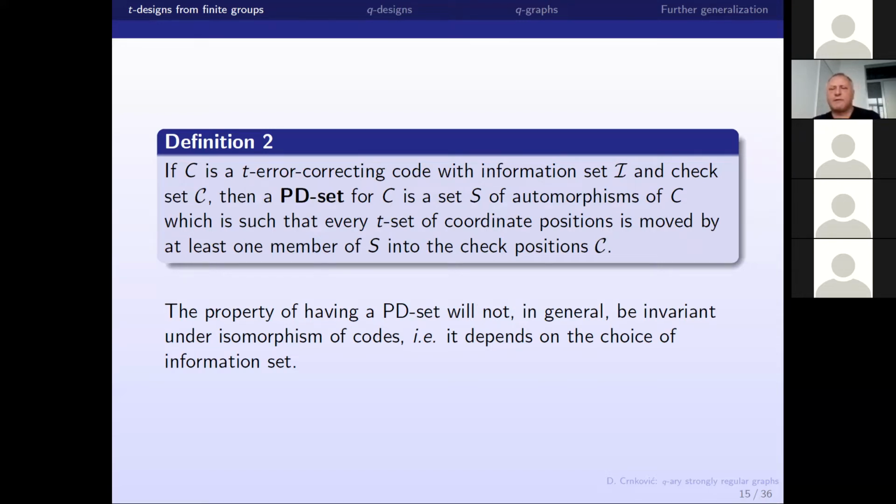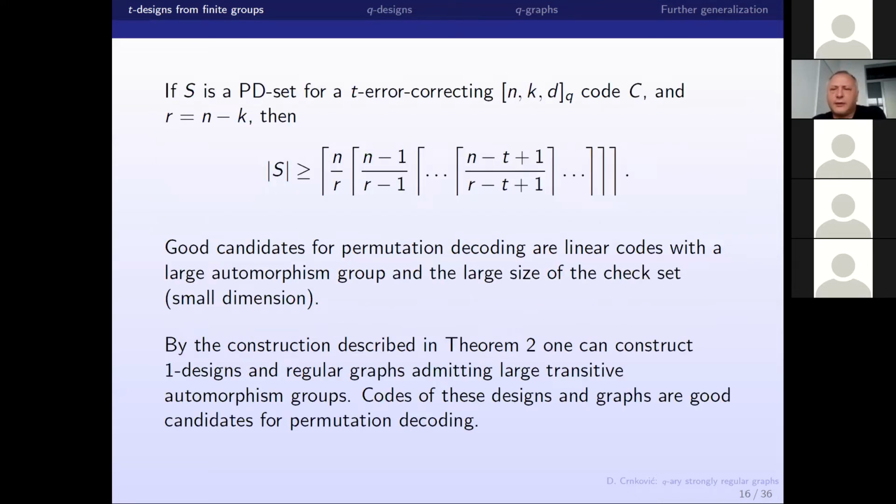Unfortunately, the property of having a PD-set is not invariant under isomorphism. And there is a lower bound for the cardinality of S, which is given here. This is the well-known Gordon bound, and that's why good candidates for permutation decoding are linear codes with large automorphism group and small dimension.